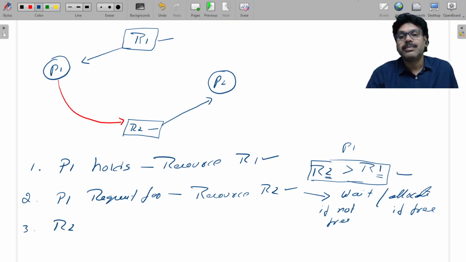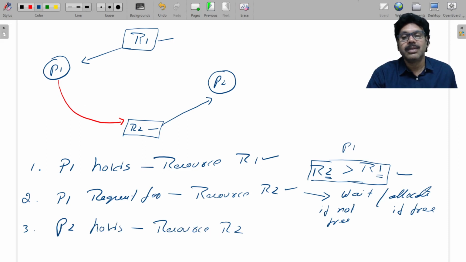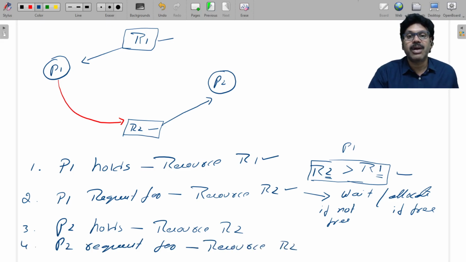P2 holds resource R2 and P2 is requesting for R1. This request is validated before wait or allocate.